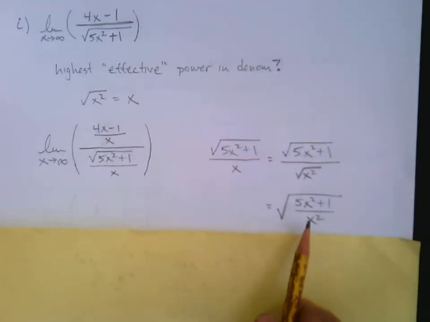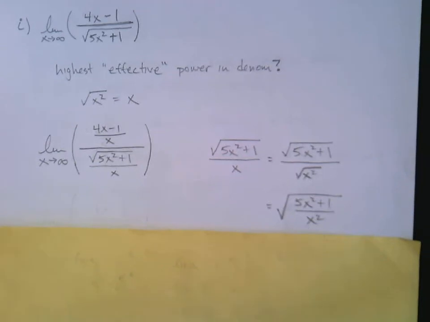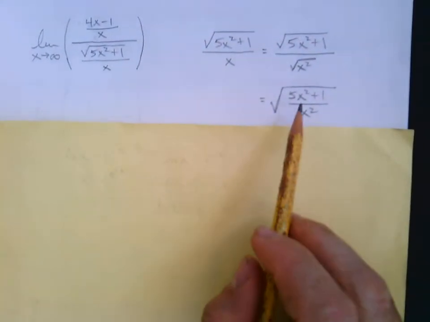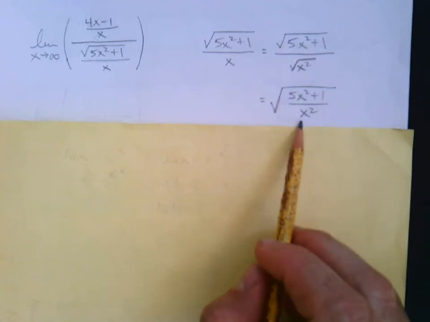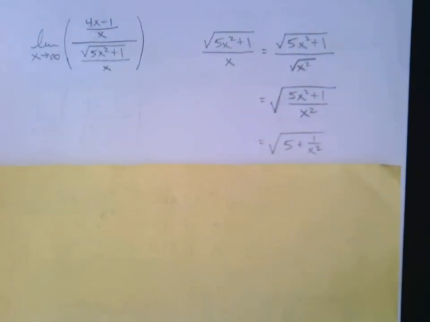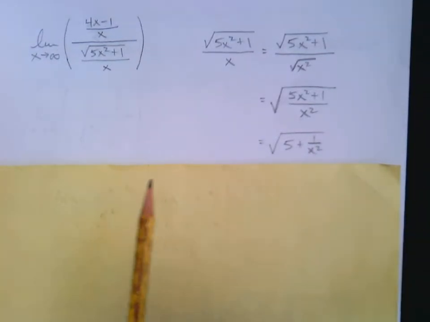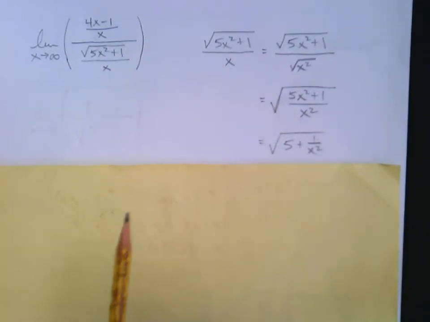Okay, how is this helpful? Well, now I can divide them separately. I can take 5x squared over x squared plus 1 over x squared, and I've got this. Okay, so kind of to say this again.